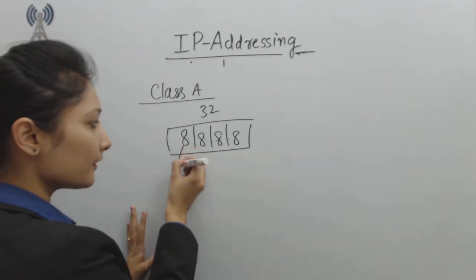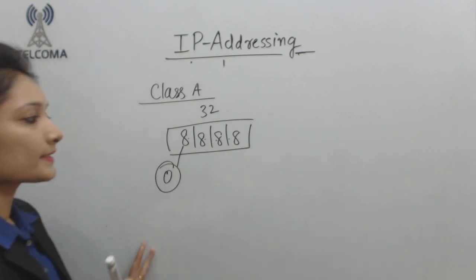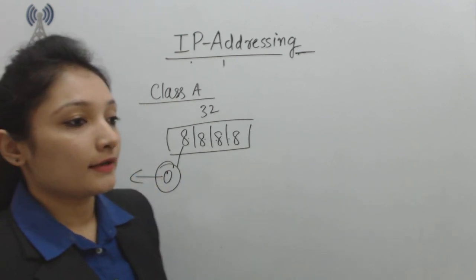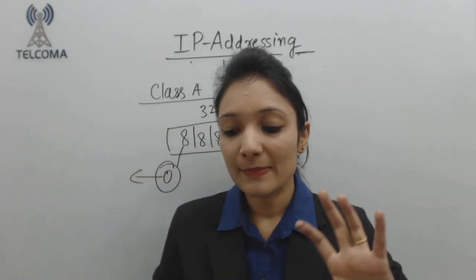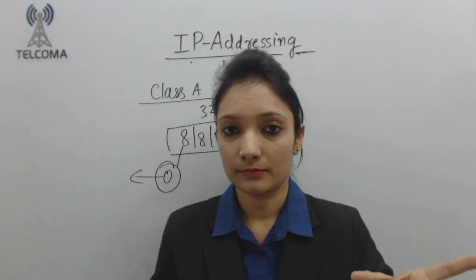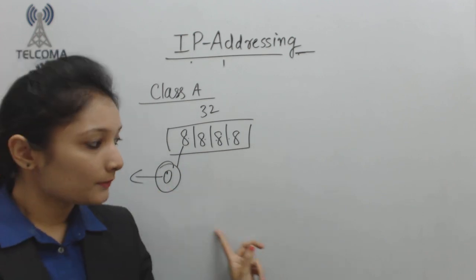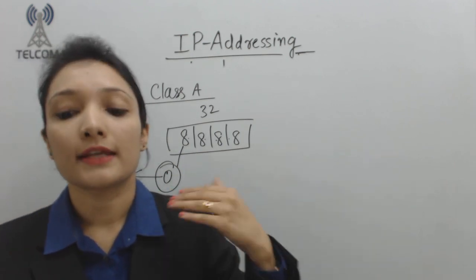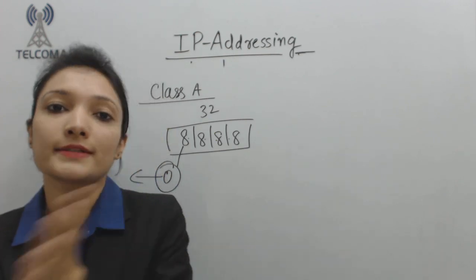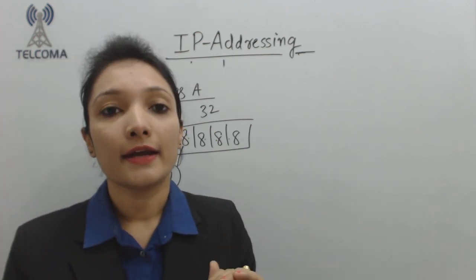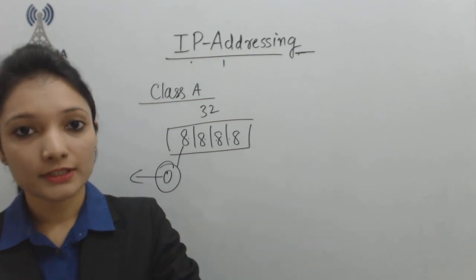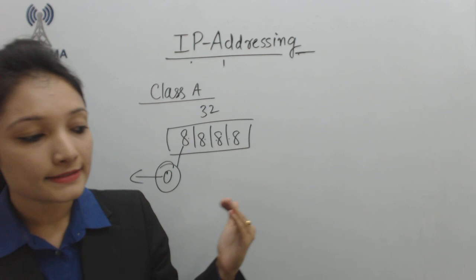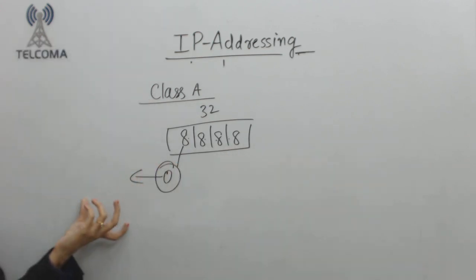Now the 0 bit is taken for class A. So according to binary, any address starting with 0 will specify a class A address. If you recall the previous division, if an address starts with 0, that will be your class A address. If it starts with 1 0, that will be your class B address. Then 1 1 0 is a class C address, 1 1 1 0 is class D, and 1 1 1 1 is class E address.